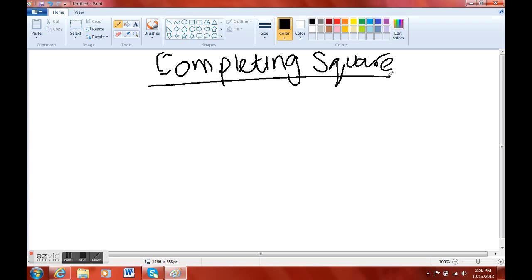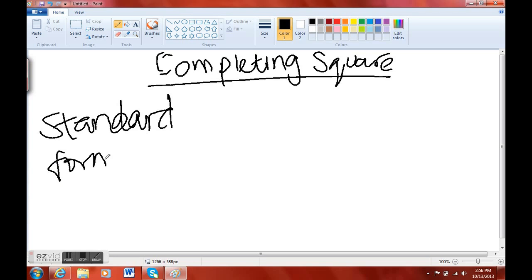So, here we go. Completing the square. You need to remember to put it in standard form, but in this case, a has to equal 1, as I learned on my last test, because I knew the process, but I left a as a number higher than 1, and you can't do that in this method.